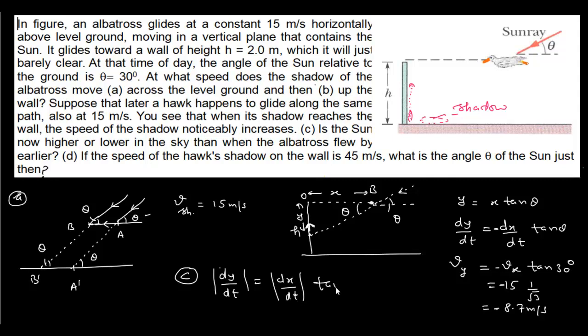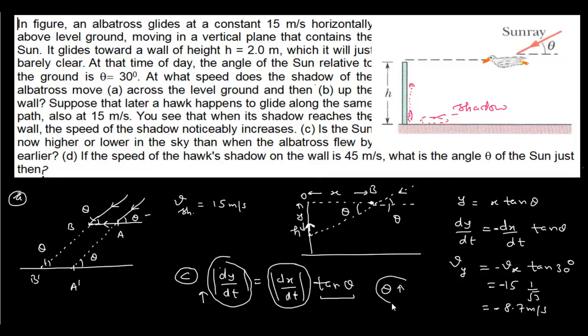Clear? Now this dy by dt is increasing. This part is given, that this has increased, and this part is constant because it is 15 meters per second. This means that the tan theta part has increased, and this can only increase when theta increases.